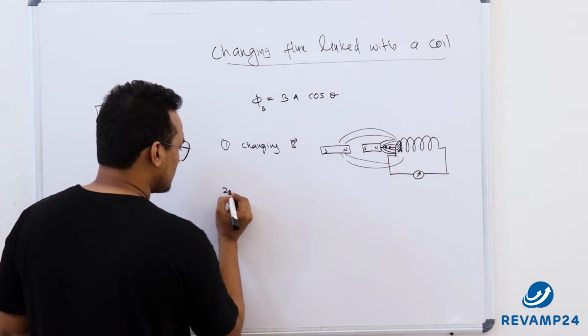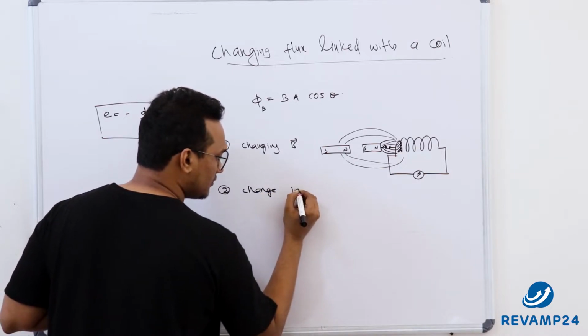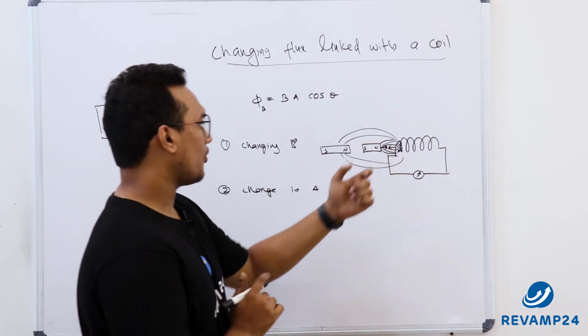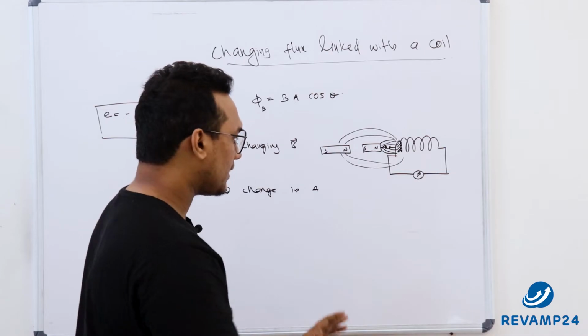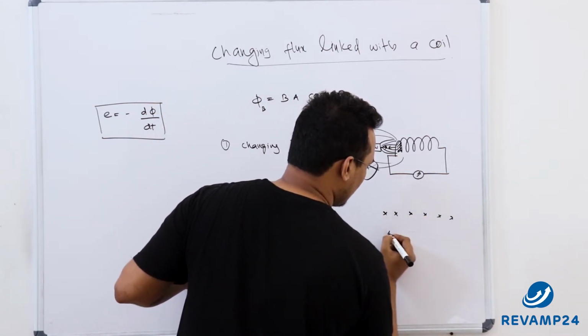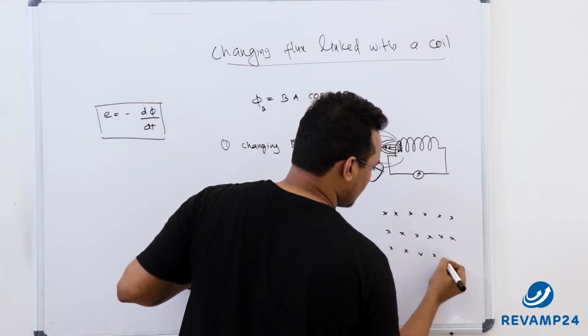Next is change in area. How is that possible? With this coil, I can say that rotating may change the area. A better example: let's say I have a magnetic field intensity here into the plane, and B is not changing with respect to time.